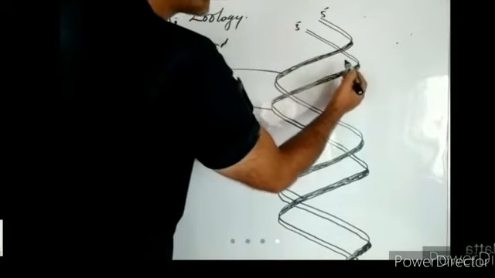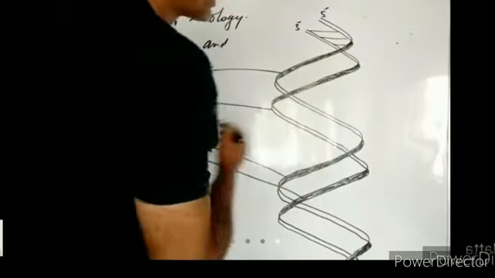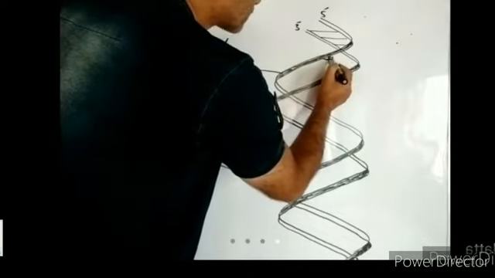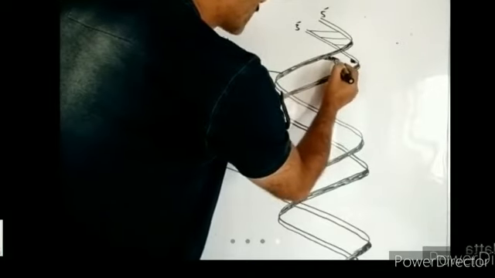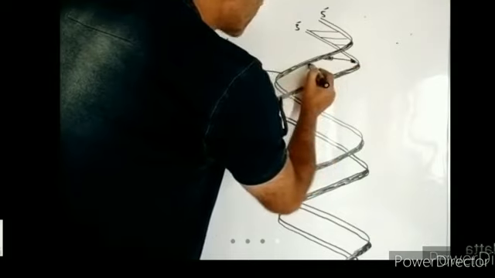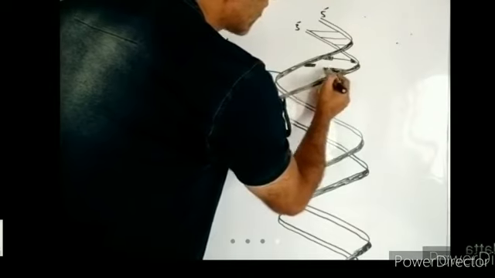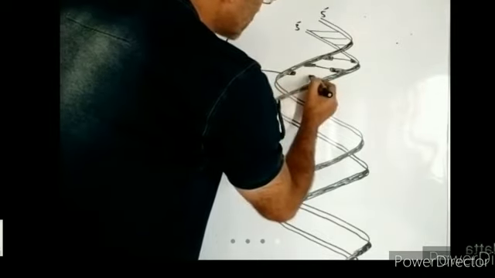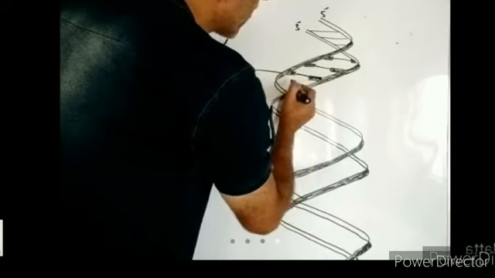These two sugar phosphate backbones are joined to each other by hydrogen bonds between them. The sugar phosphate backbones have nitrogenous bases attached to them. This is a nitrogenous base attached to the sugar phosphate backbone. They are attached to each other with the help of these nitrogenous bases. So hydrogen bonds are formed between the nitrogenous bases.